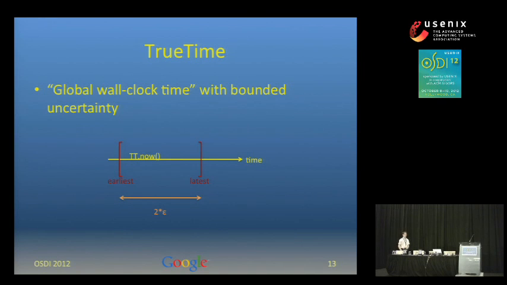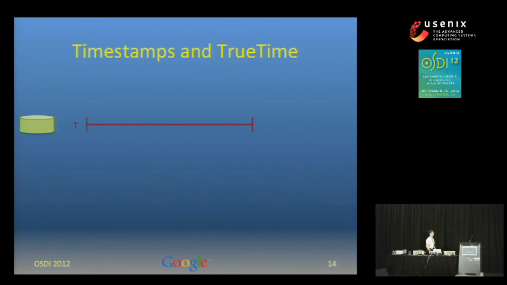This says that we are guaranteeing the bounds on time. And I'll talk about how we make that guarantee later. We'll refer to the uncertainty of this interval as epsilon. So the diameter of the interval is 2 times epsilon. And that'll be important later to remember that notation. So how are we going to pick timestamps given that we have TrueTime?